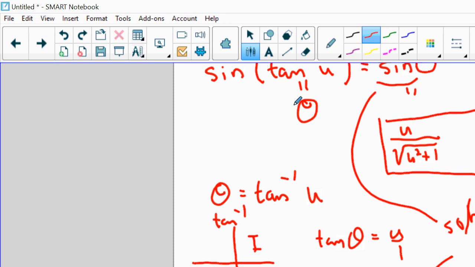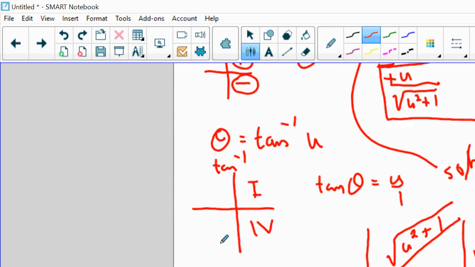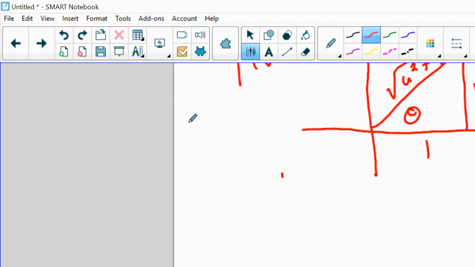Now sine in the first quadrant is positive. Sine in the second quadrant is negative. So I know this is positive. But let me try it again, but draw it in the fourth quadrant.